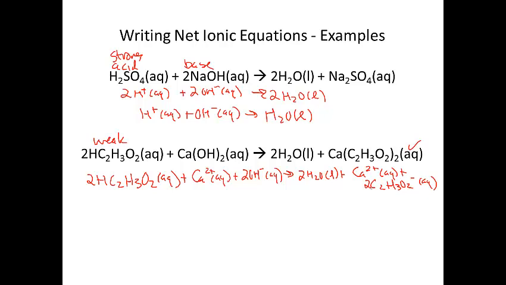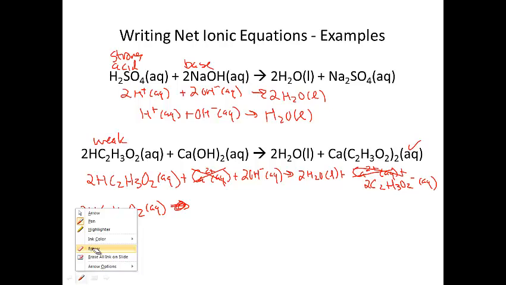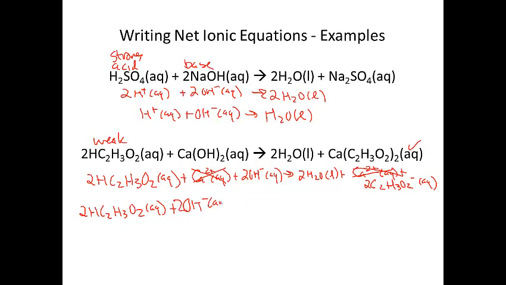So now we have to look to see what's the same on both sides. We cross out the Ca2 plus, and we are left with this as our net ionic equation. And note that it's different from the one above because here I actually have to keep my weak acid together. Remember, it doesn't dissociate completely. And you can keep the coefficients as 2, or you can take them out.